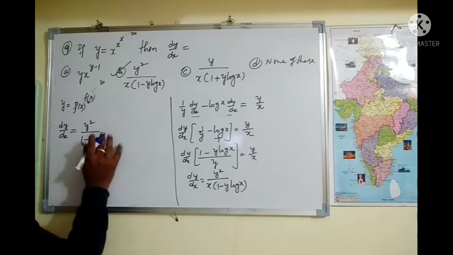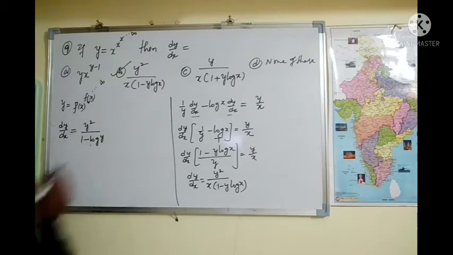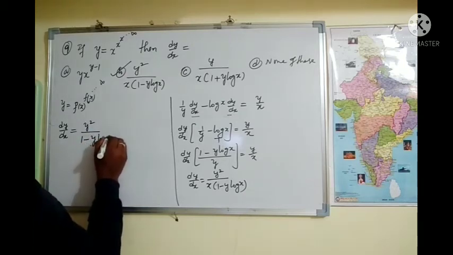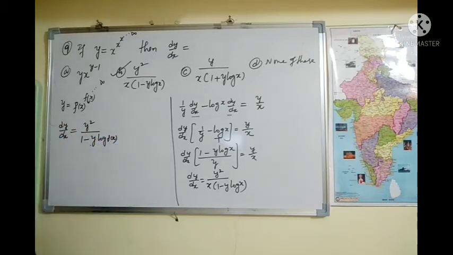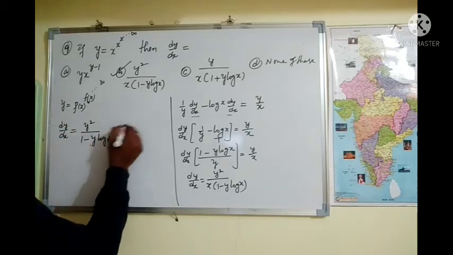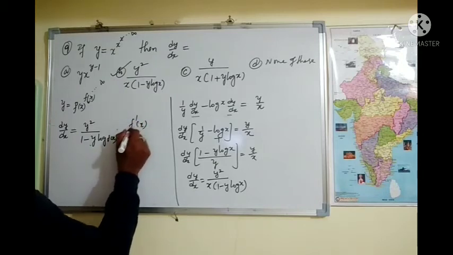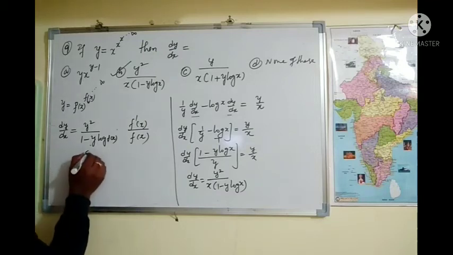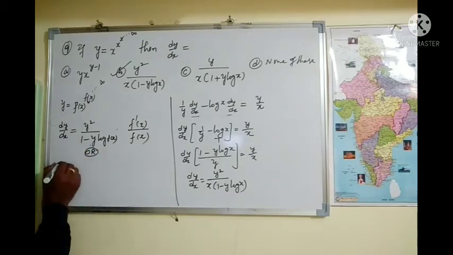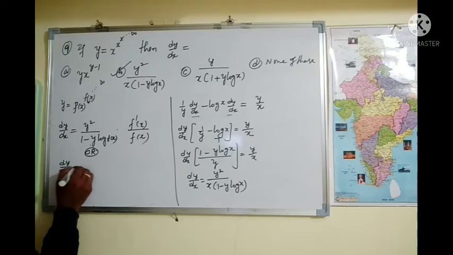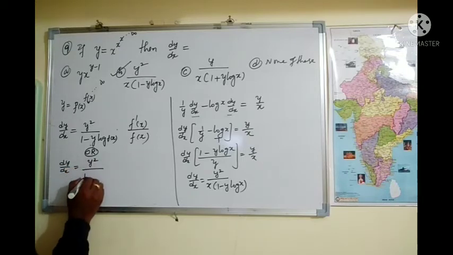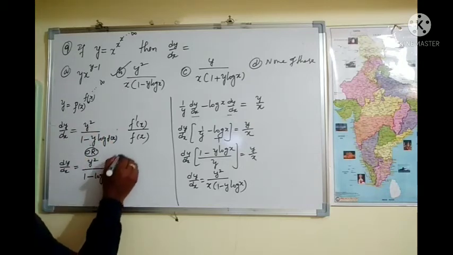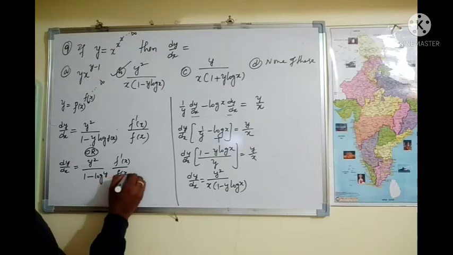One more form of the result is y into log f of x into f dash of x divided by f of x. Or in some results we use dy by dx is equal to y square divided by 1 minus log y into f dash of x divided by f of x.